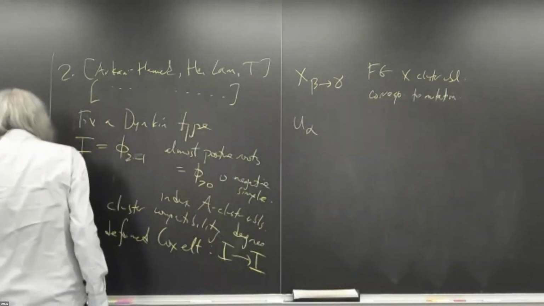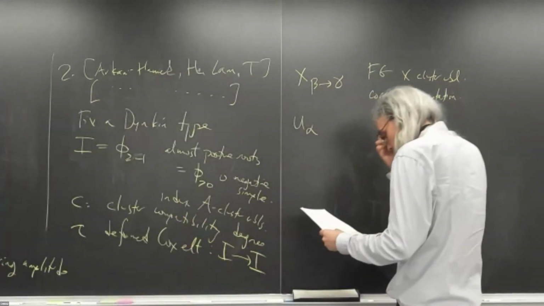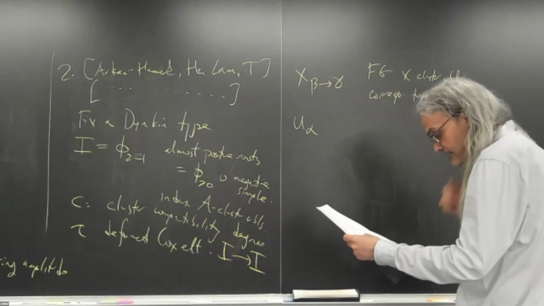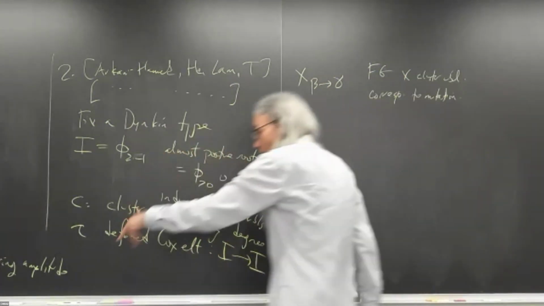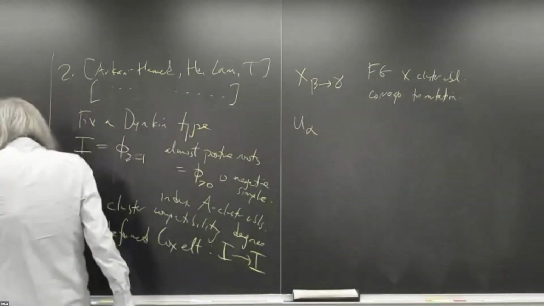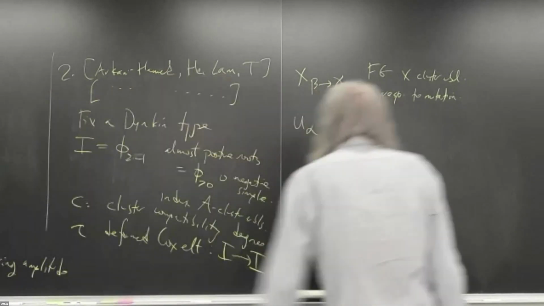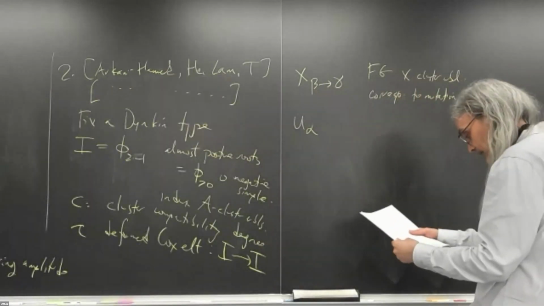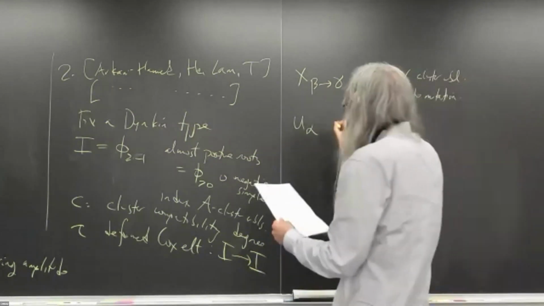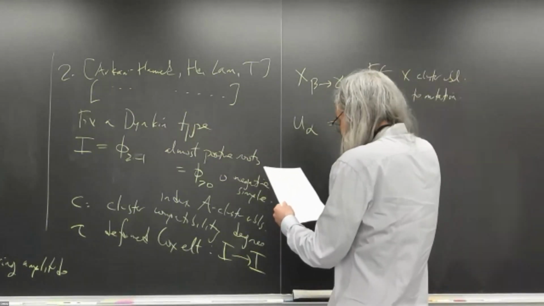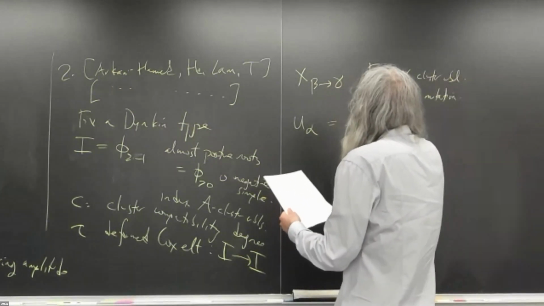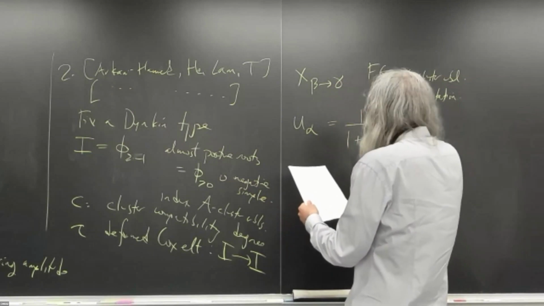Here they were cross ratios. Here this is in fact going to be a generalization of that. These cross ratios are Fock-Goncharov X cluster variables in type A, in fact. So that's also going to be the case here. U alpha is going to be basically just a Fock-Goncharov X variable again.